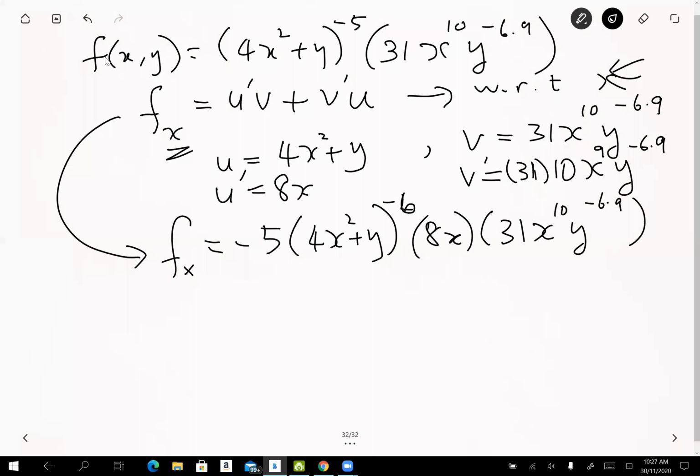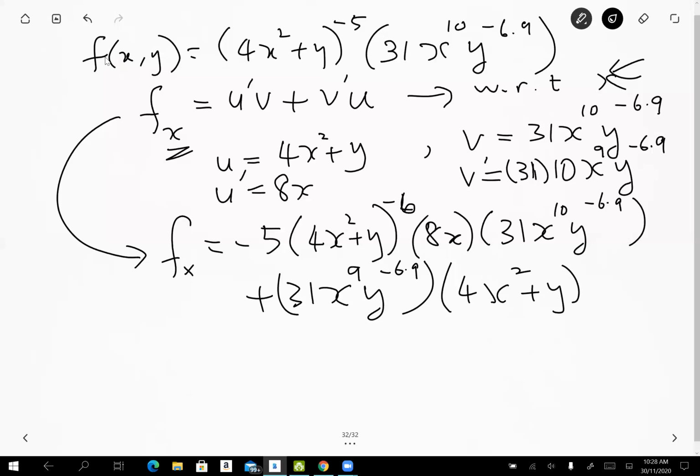And then you have to add v prime times u. So what is v prime? V prime is 31 x to the power of 9, y to the power of negative 6.9. Put a bracket, and then multiplied by u. U is 4x squared plus y, everything to the power of negative 5.